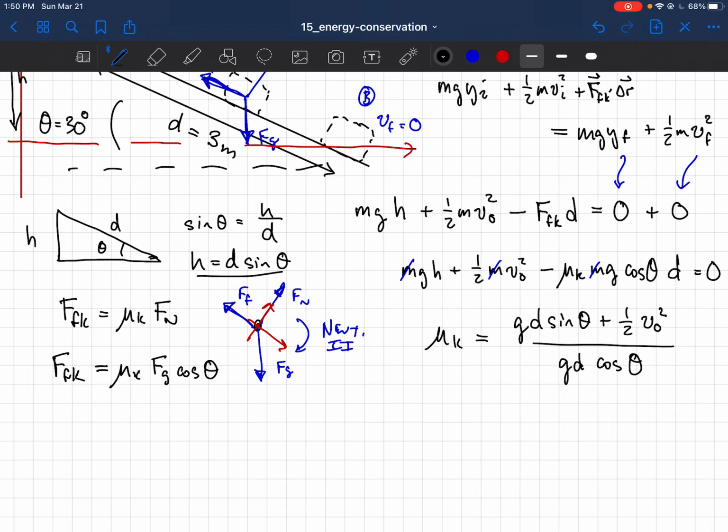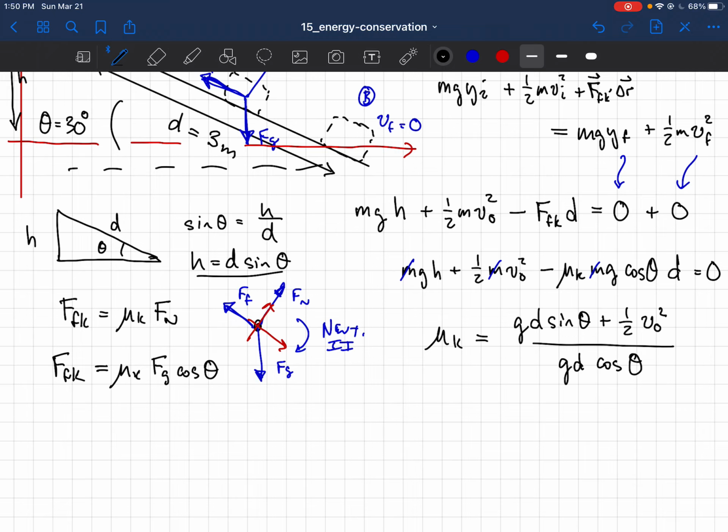Okay, so we still end up doing some algebra and even some Newton 2 here, but we've arrived at a solution, so let's plug it in and see what we get. So we get 9.8 times d, which was 3 meters, times sine of 30 degrees. Then we add to it 1/2 times v0 squared, that was 2 squared.